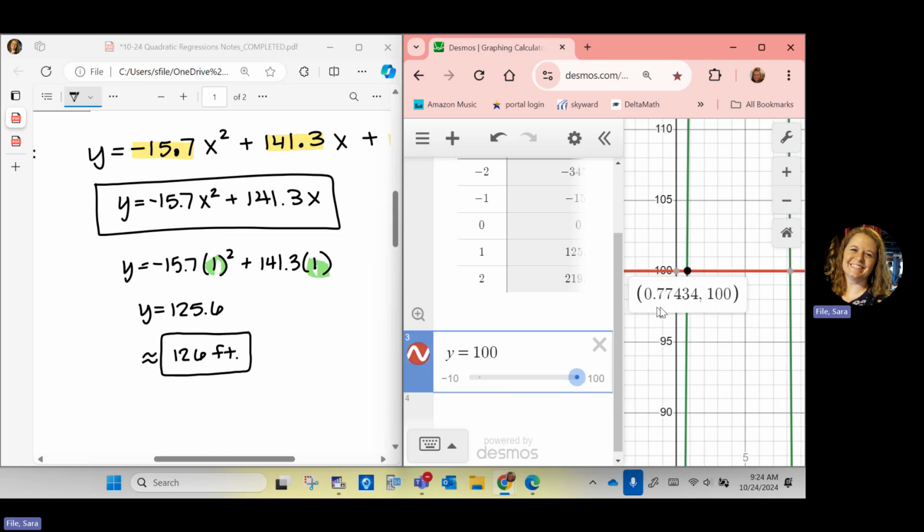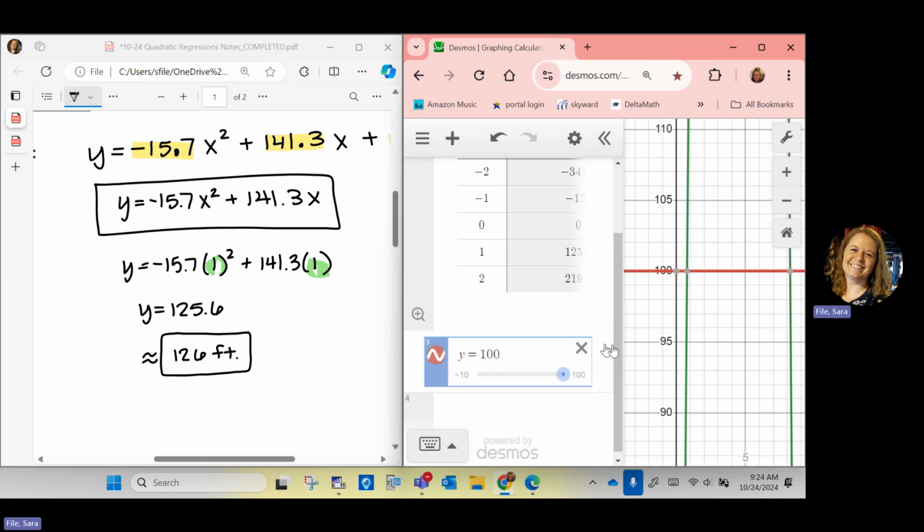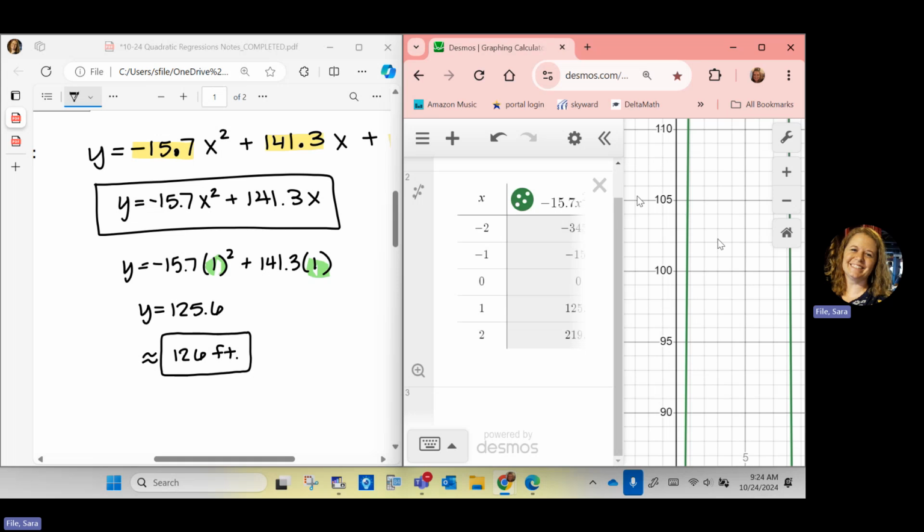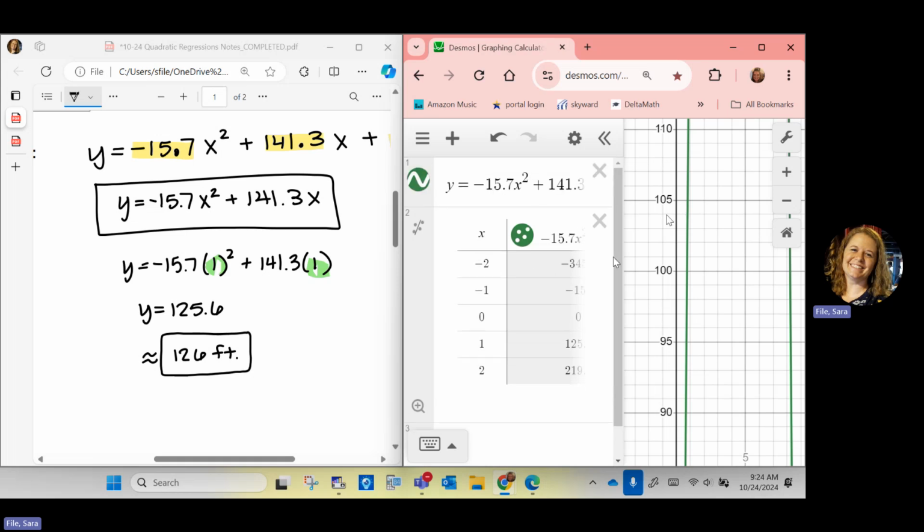It would be at about 0.8 seconds. It would be at 100 feet. So you have to be able to use the table, use the graph, use the equation. What we came up with for the regression model, you use that to answer questions about the scenario. Do you follow?